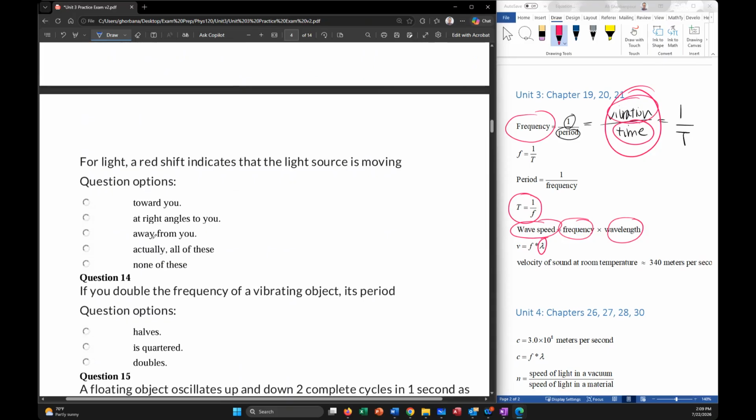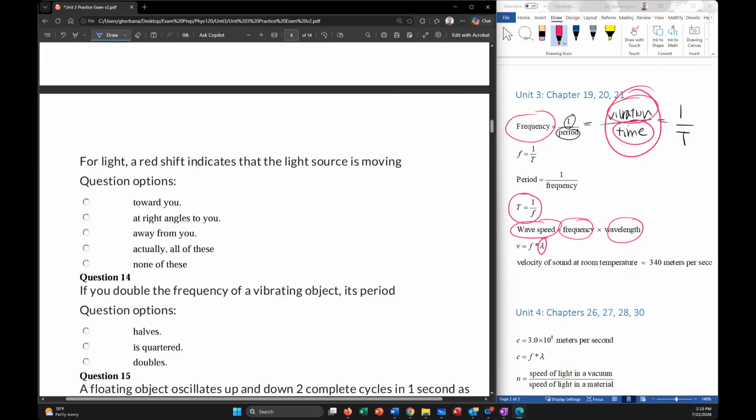Number 13. For light, a redshift indicates that the light source is moving. If you read the textbook, you see a redshift, blue shift. We use it for light sources, electromagnetic waves, of which the light source is one.